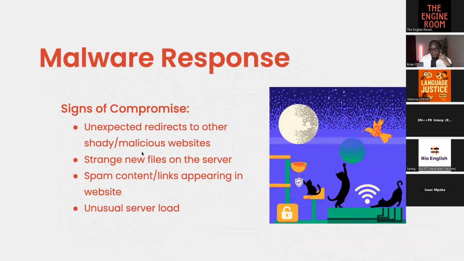And there will be multiple signs of compromise on your website. The first one would be unusual server load. Like I mentioned, one of the things that happens when malware is active on a server is that it tries to do something called data exfiltration. This is basically sending as much data and information as possible to the people with malicious intent.